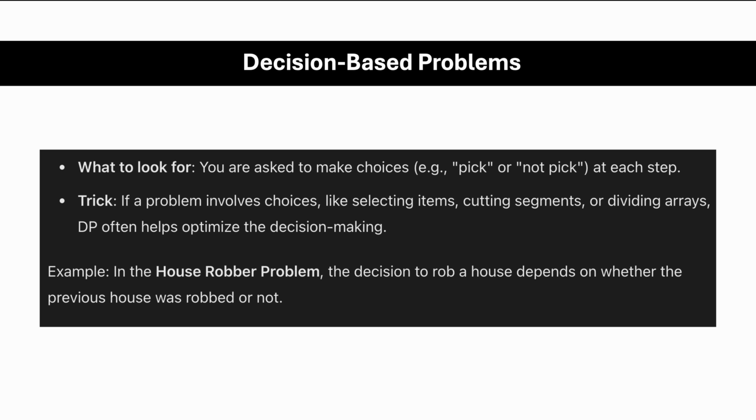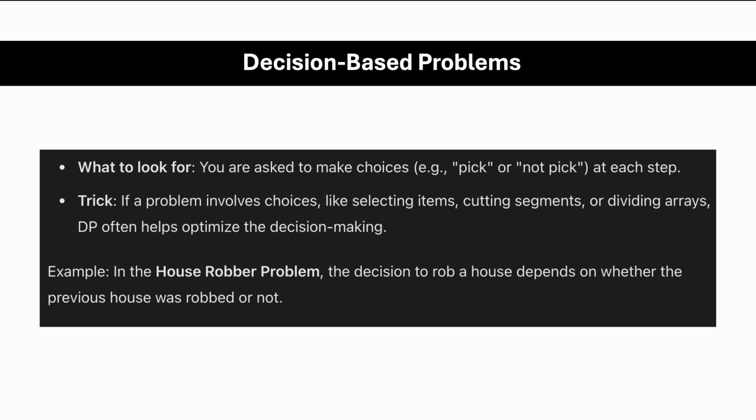In that case, you see there is something which forces the robber to take a decision whether to choose a particular house or not. This is again a clue. In the house robber problem, the decision to rob a house depends on whether the previous house was robbed or not. It's all about DP. So DP is the best solution where you have decision-based problems.